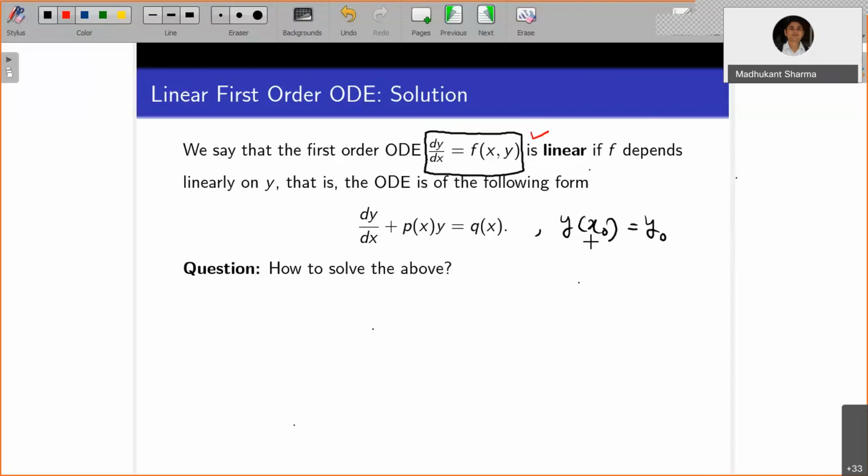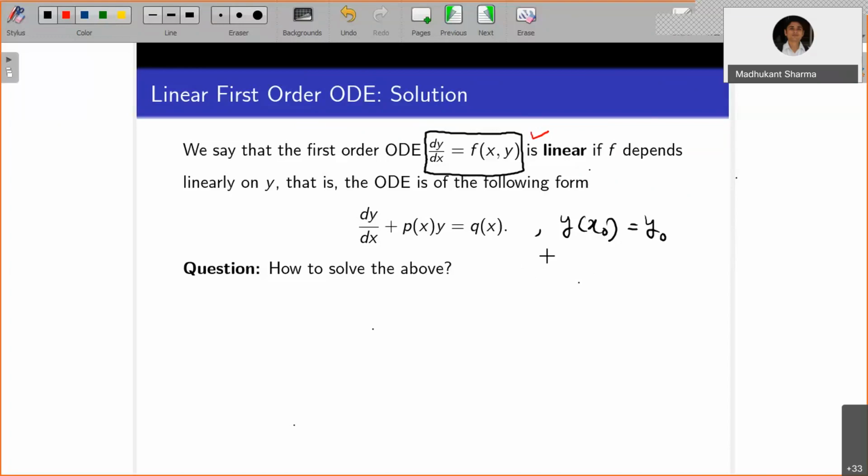Then we will see what we can do with the non-linear equations. Can we transform a non-linear equation into a linear equation by using some transformation and so on? So how to deal with a special type of differential equation? Let's see one by one.